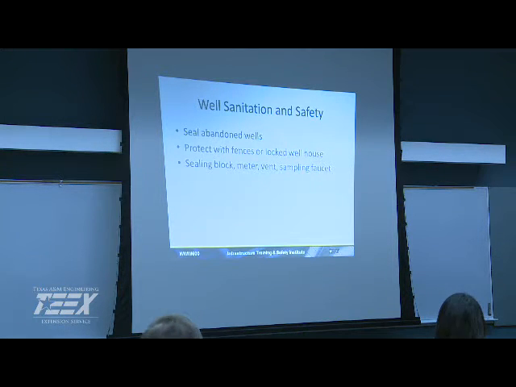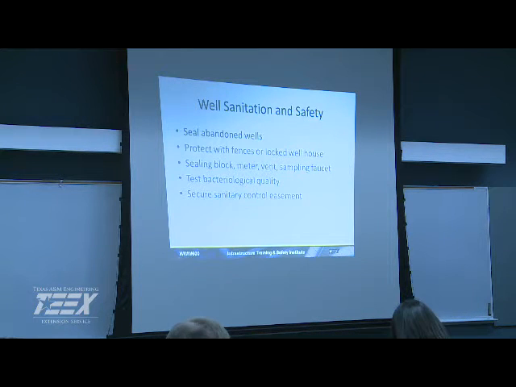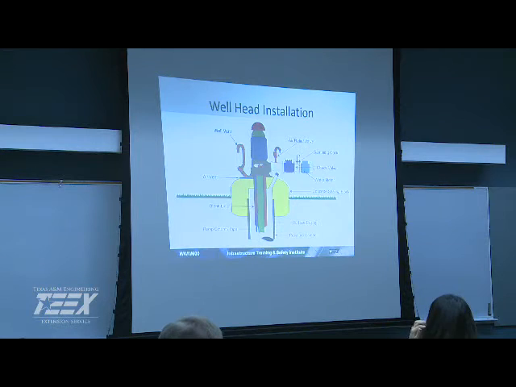You know what's coming out of your well. Then you've got to test periodically. One of the big things about sanitary control easement: you don't want your cattle walking up next to your wellhead. You don't want a septic system 15 feet away from your wellhead. So you need to make sure you know what's around and what's potentially impacting.